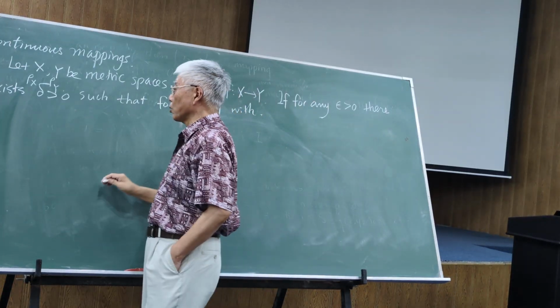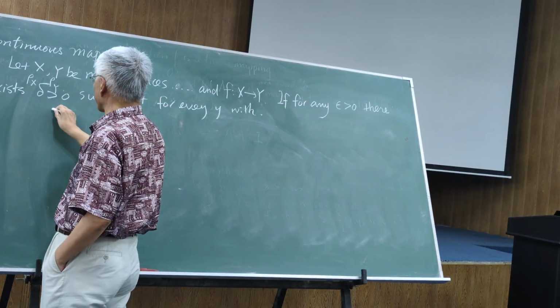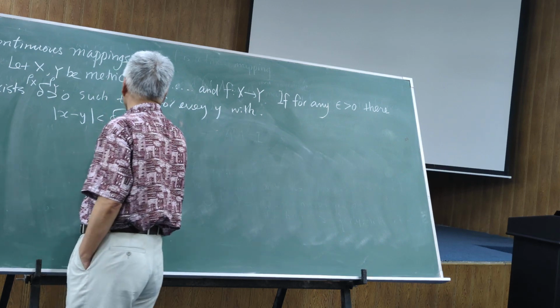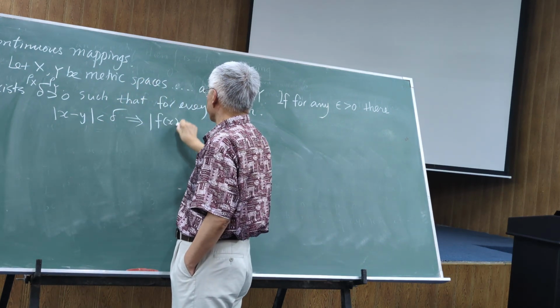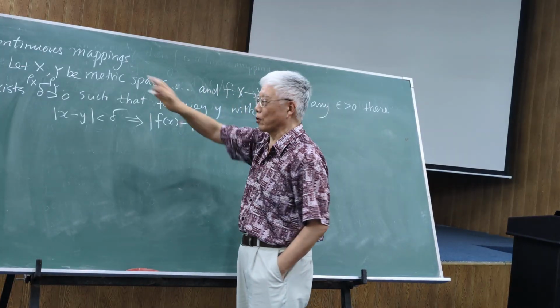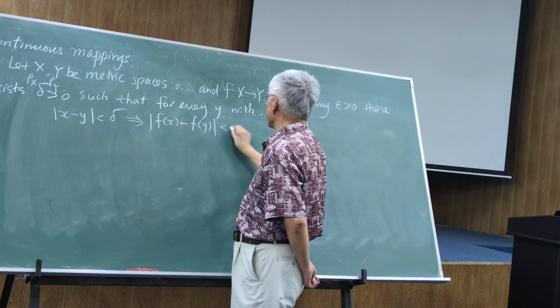x minus y, the distance is now the norm. So if the norm of x minus y is less than delta, it implies the norm of f(x) minus f(y) is less than epsilon. Usually this y is written before; it doesn't matter because it's a norm.